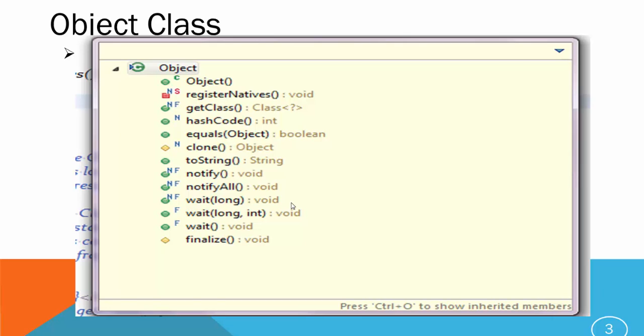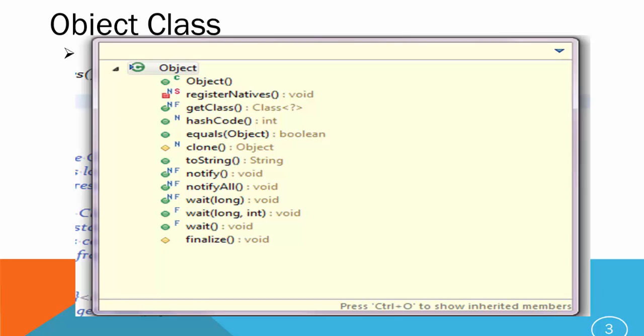Whenever you use these methods, you can know that you are using methods of the Object class. In interviews people ask questions like who owns the methods like notify, notifyAll, wait, finalize, clone. You can say that Object is the class which owns these methods, because every class extends the Object class, so these methods will be available for any class.